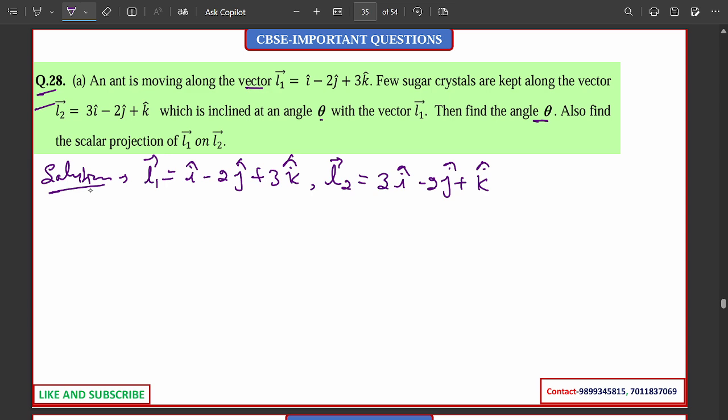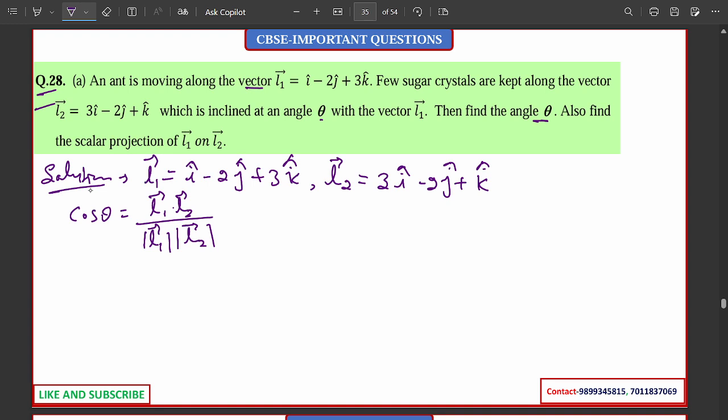We all know that for the angle between these two, cos theta is equal to L1 vector dot L2 vector over the product of their magnitudes. Basically this is the formula to find the angle between two vectors.